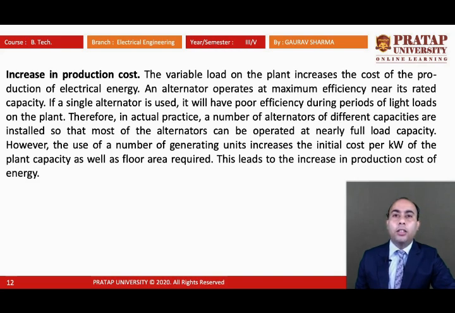However, the use of a number of generating units increases the initial cost per kilowatt of the plant capacity as well as the floor area requirement. So the initial cost will increase, and the overall area we are using also increases when we increase the number of alternators to generate electricity.